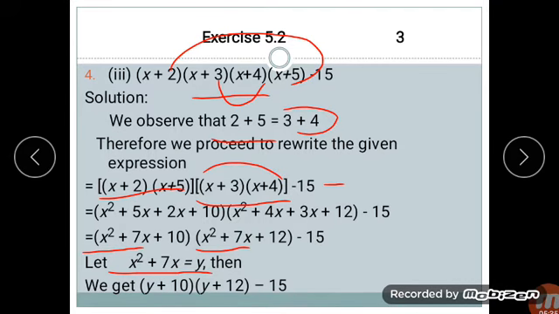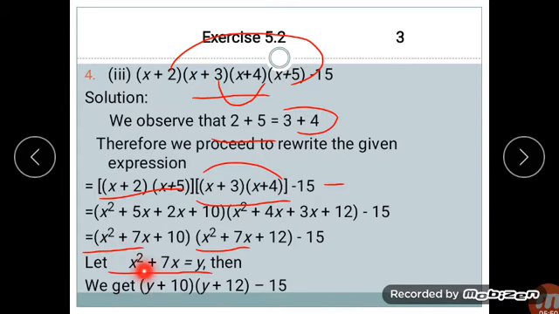This is done for the sake of making the expression simple for further factorization. So x square plus 7x can be let equal y here.